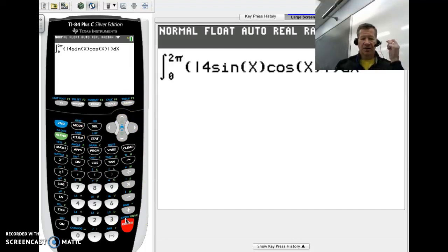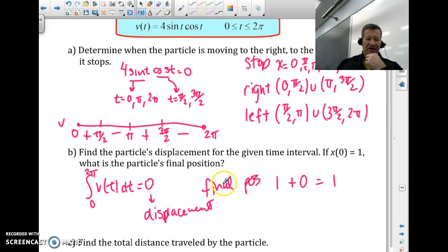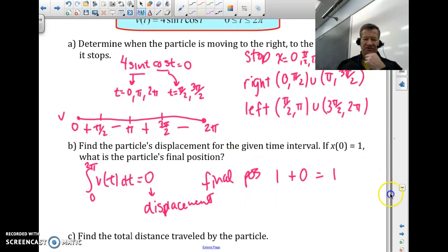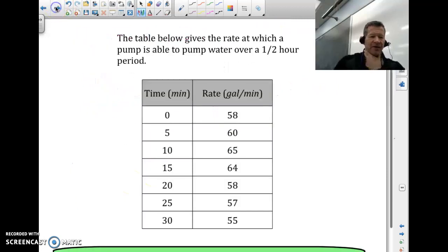That should take a little while, but once it's done, it gives me 8. So we know that the total distance traveled by the particle was 8. And that was simply the integral from 0 to 2 pi of the absolute value of the velocity with respect to time. And there's our total distance traveled.